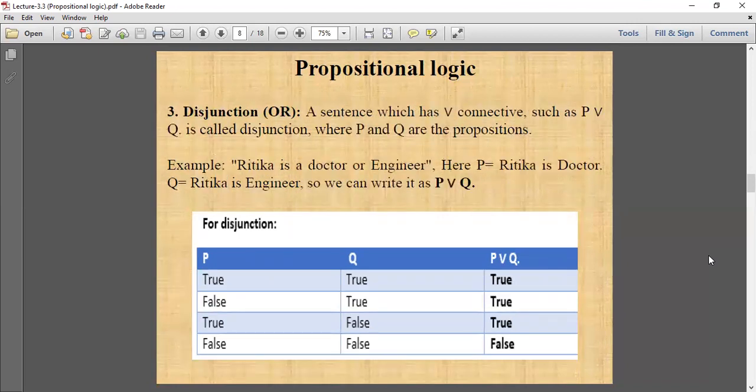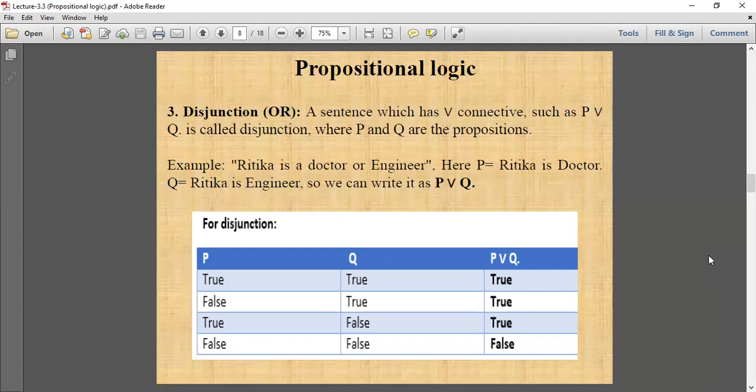Disjunction, it can be represented in the form of or. A sentence which has an or connective such as P or Q is called disjunction, where P and Q are the propositions. Ritika is a doctor or engineer, where P is Ritika is doctor and Q is Ritika is engineer.